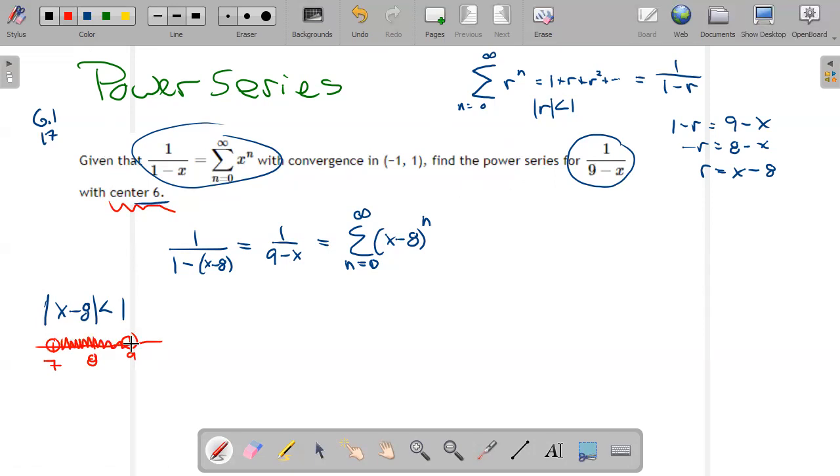So this series I found is centered at 8. And I want to center this at 6. Okay, what do we do to center it at 6? Good question.